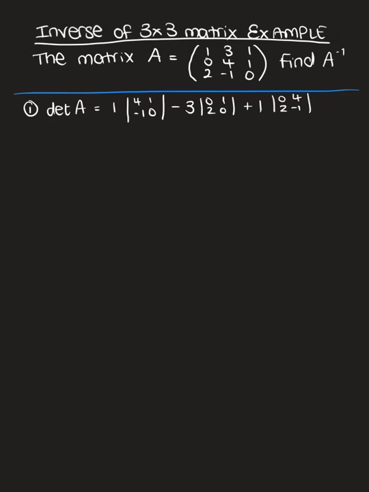So that's going to be 1 times 0 plus 1, minus 3 times 0 minus 2, plus 1 times 0 minus 8. It's going to give me 1 plus 6 minus 8. So the determinant of the matrix is minus 1.